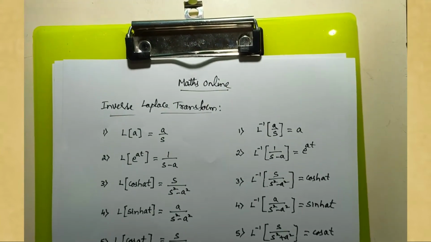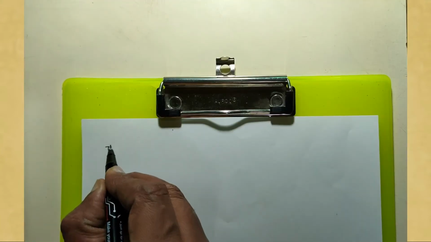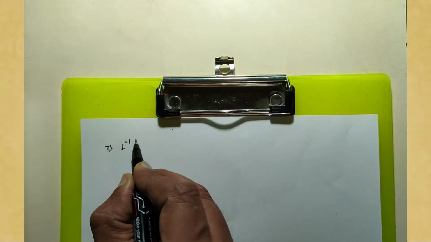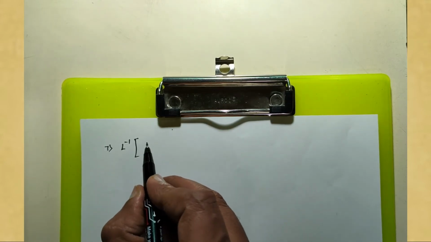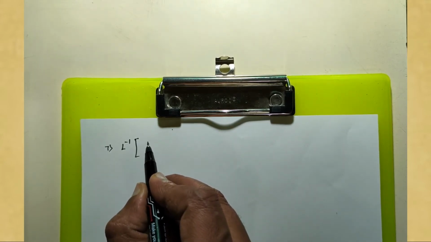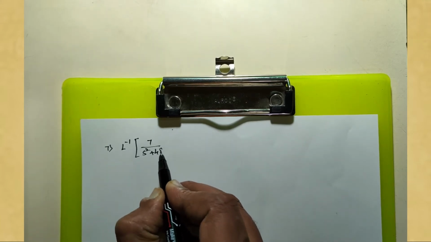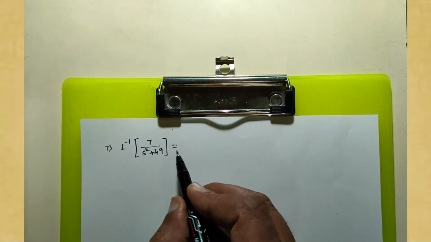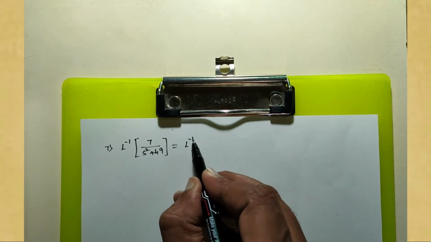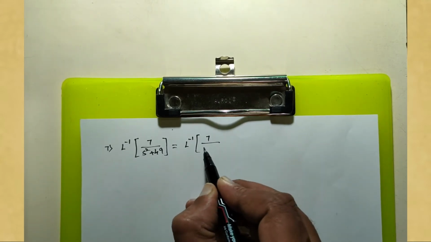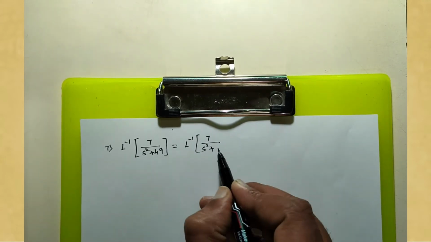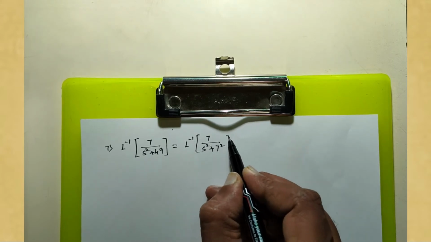Let us take a few more examples. Next example, L inverse of 7 by s square plus 49. You can write this as L inverse of 7 by s square plus 7 square.